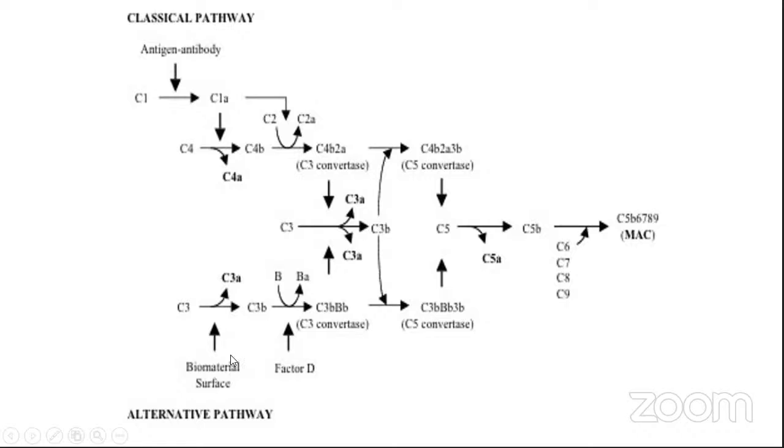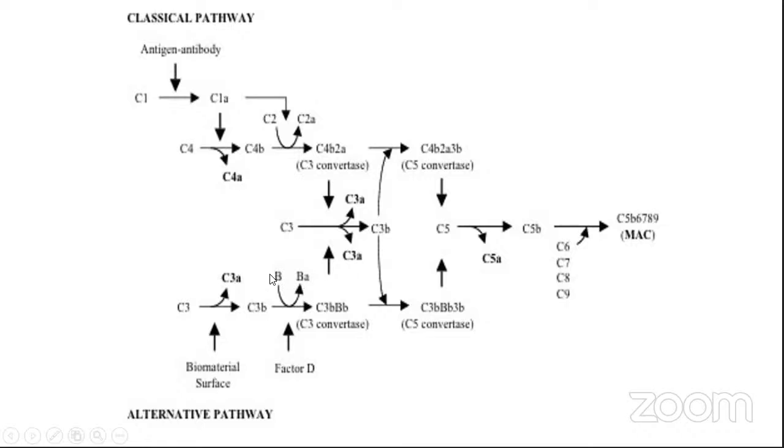The same way here, any biomaterial surface like zymosan, etc., can stimulate C3. There will not be action of C1, C2 or C4 here. They will activate C3, and C3A will be released, and C3B. Here you have a factor D which will come into action. In the presence of factor D, it will act upon factor B, which is also present in the serum, and this factor B will divide into two dissimilar fragments, capital Bb and capital Ba.